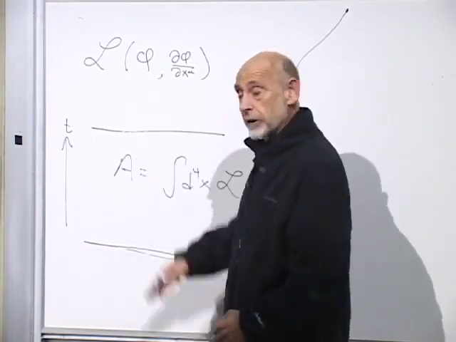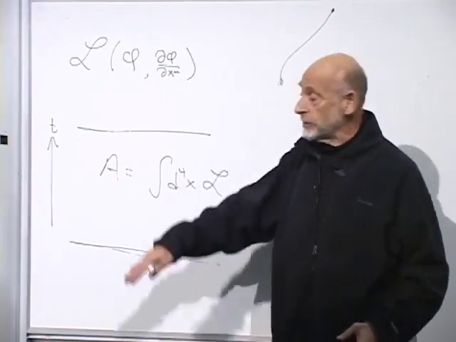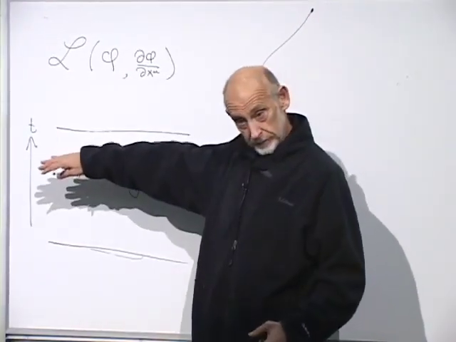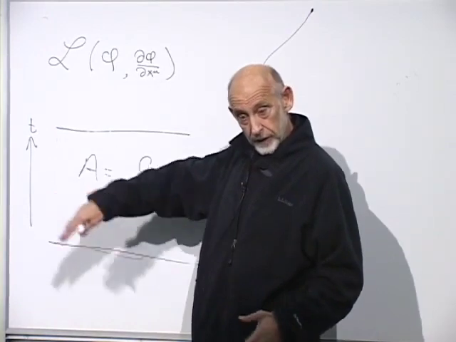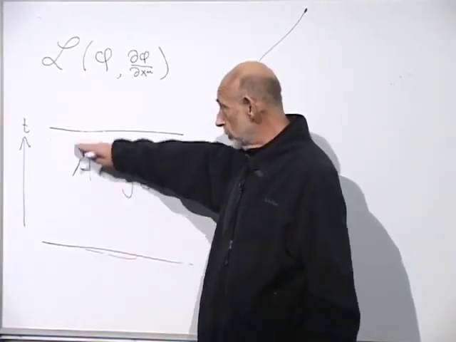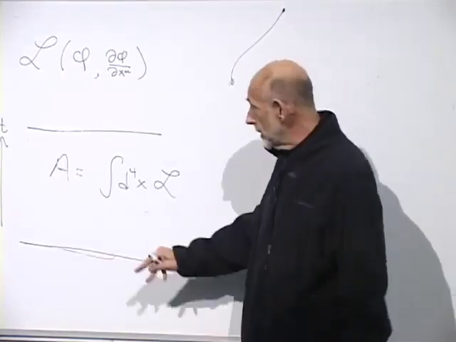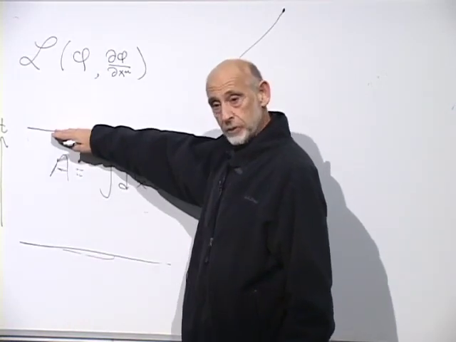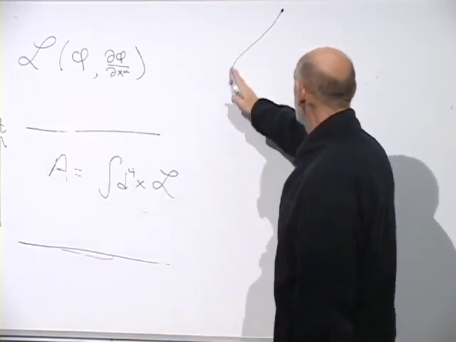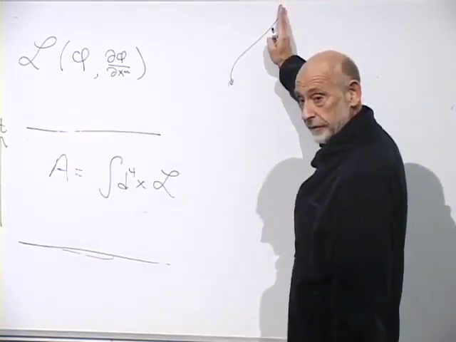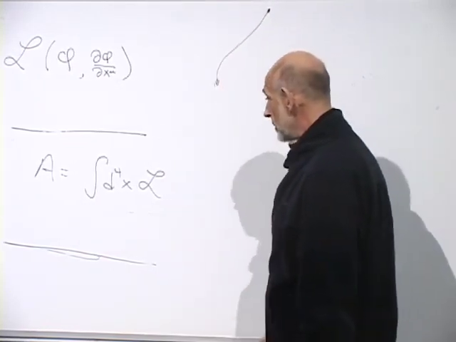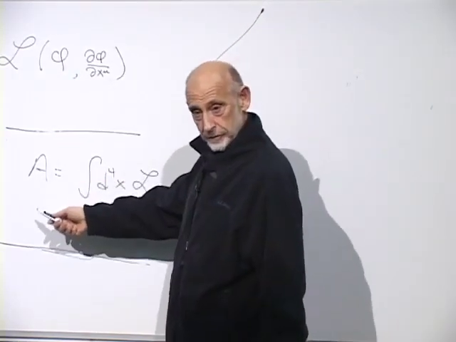And the final configuration is the whole field at some later time. And the question is, is there a solution of the theory, whatever the theory is, which interpolates in between these in the same way that a trajectory interpolates from here to here? And the rule is minimize the action.